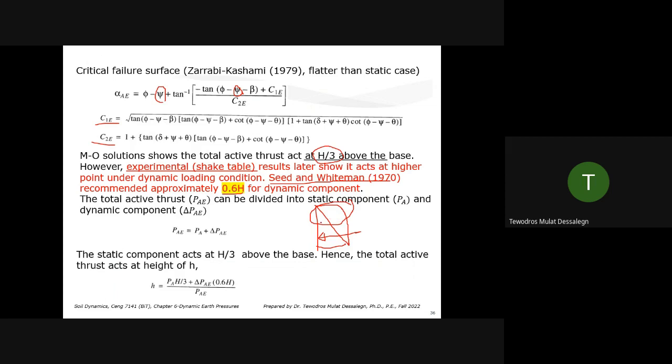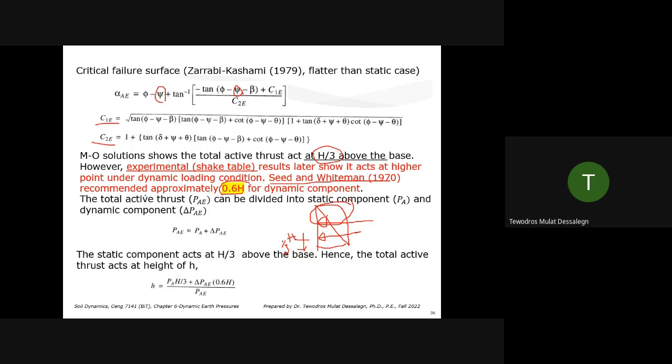So this tells us the CG for the force is at a higher value. So that's why Seed and Whitman later recommended the dynamic component acts at 0.6 H. The static component is still at 1/3 from the base, but the dynamic component at 0.6 H.